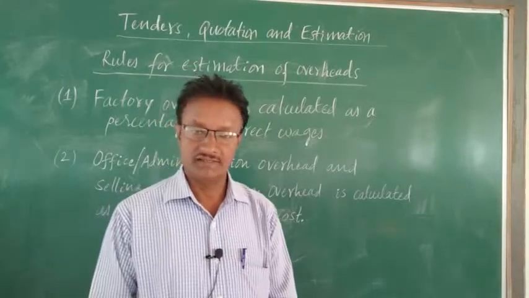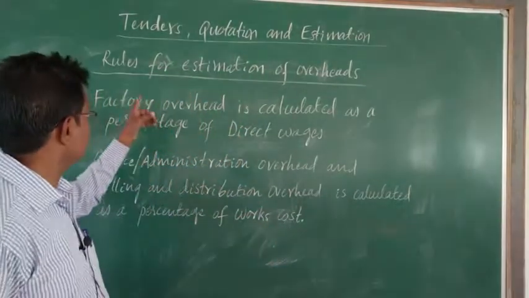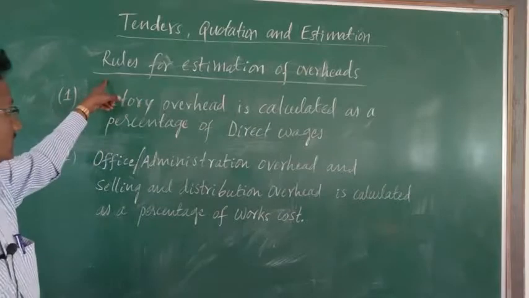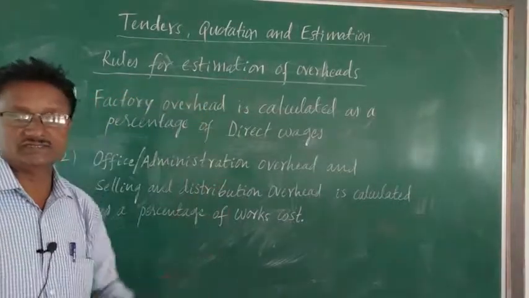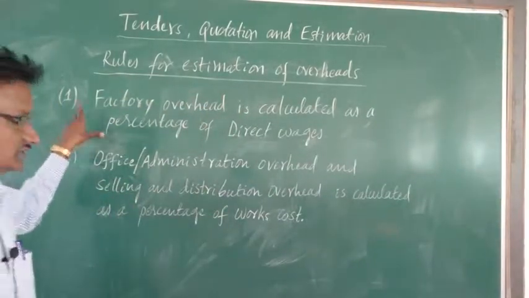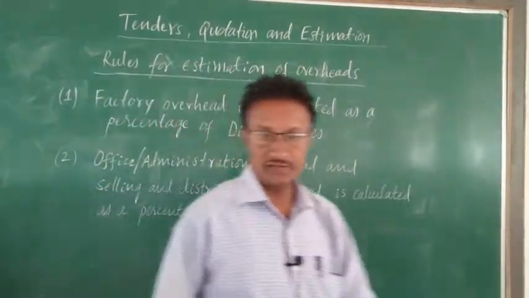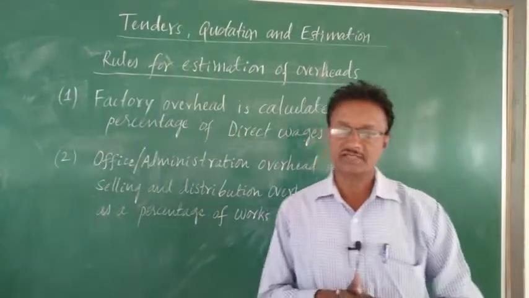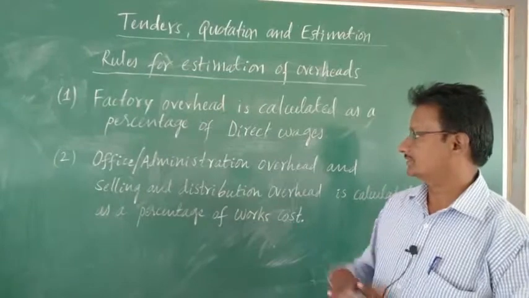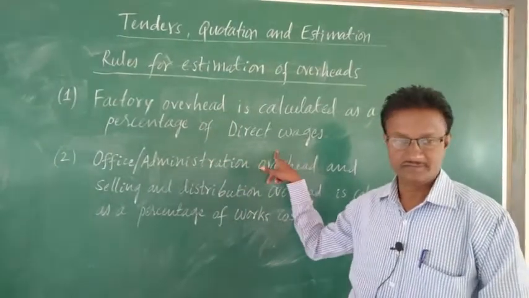For estimation of overheads, the rules are as follows. The first rule is factory overhead is always calculated as a percentage of direct wages.